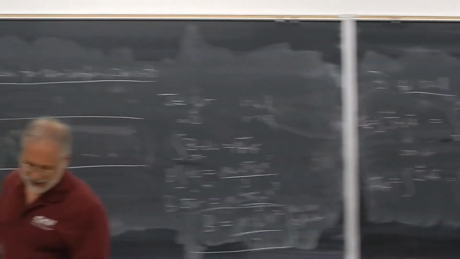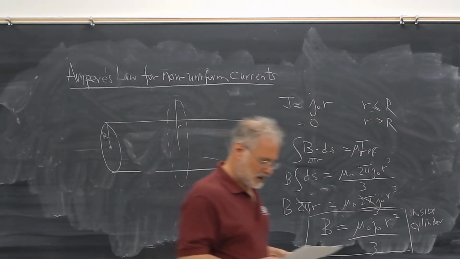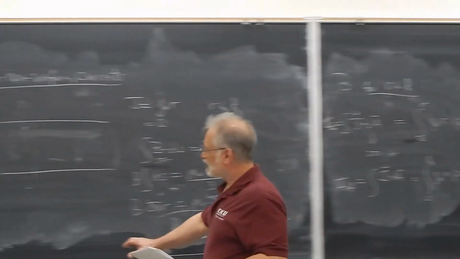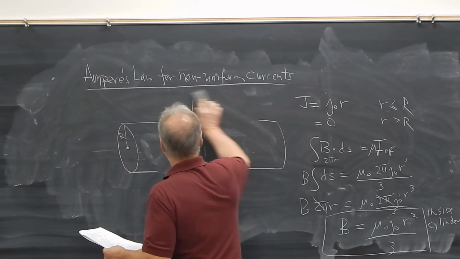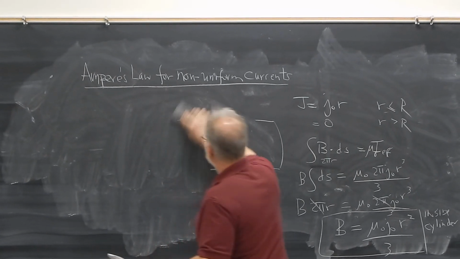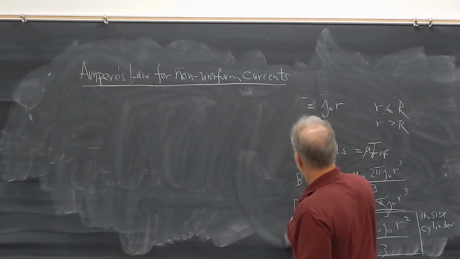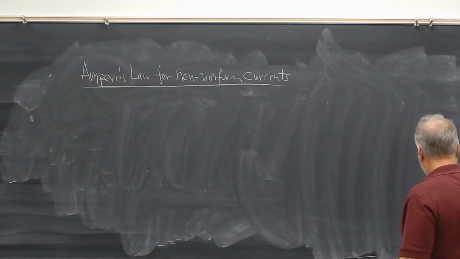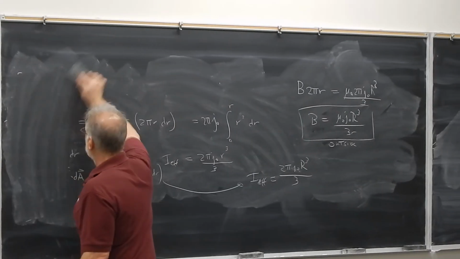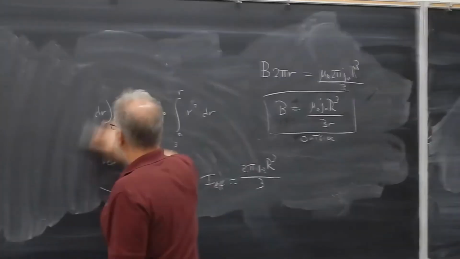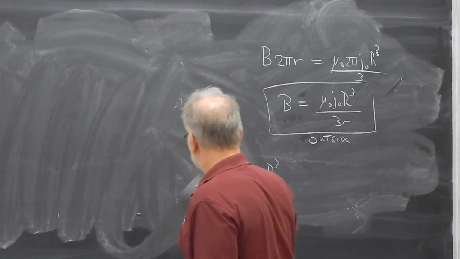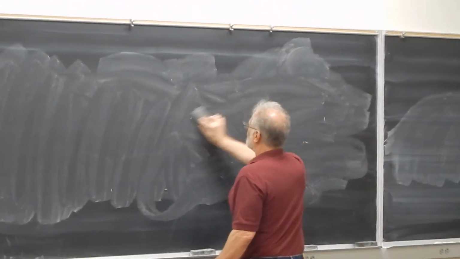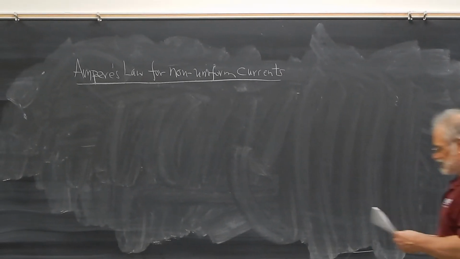I'd like to do one more example. This is a little bit more complicated, but it allows us to do one of the nice tricks that we like to do in physics, which is to find where the field is a maximum. So we're kind of going to review the same type of problem we just did, except a slightly more messy looking current distribution.